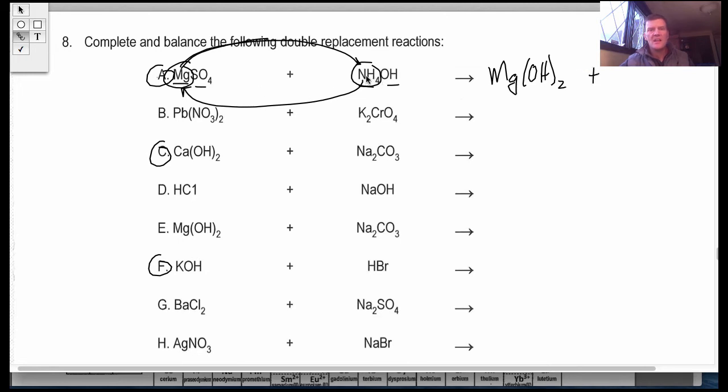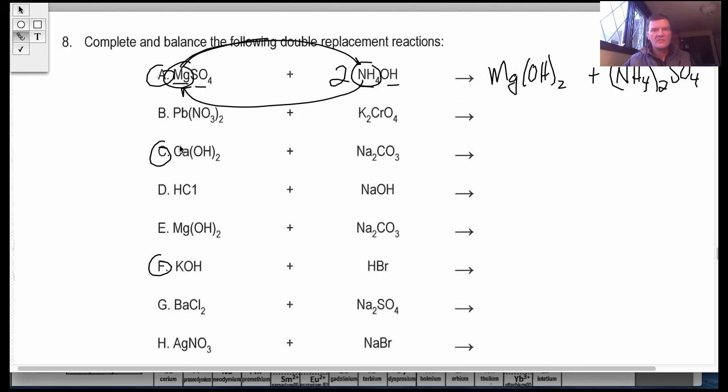And then the ammonium is a +1. The sulfate here is a -2, so I'm going to need 2 ammoniums for the ammonium sulfate. Now I need to balance this. So you'll notice that I need 2 hydroxides on both sides. I have 2 here, I need 2 there, so I have to double that. That doubles the ammonium, which I have 2 on that side, so everything is good.